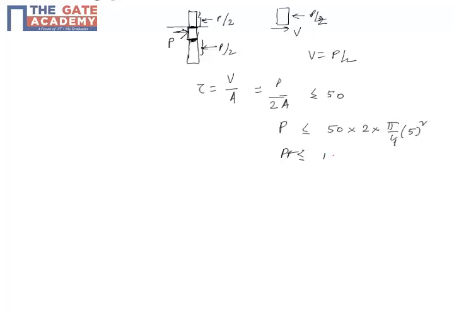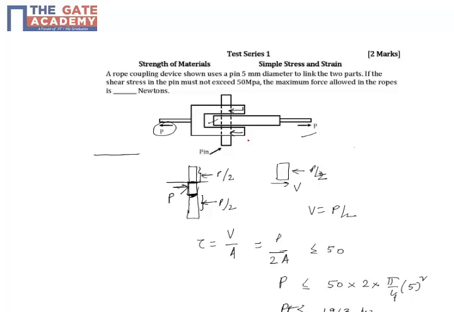If you calculate this value, it comes out to 1963.43. So the max value you can have is 1963, rounding off, 1963 Newton, without failing.